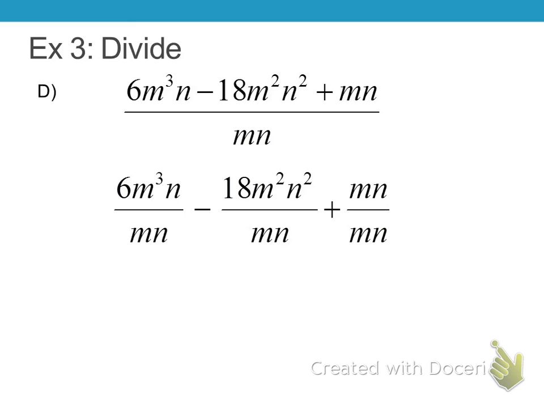All right, so what will my first term end up being? Good, 6m to the second minus 18mn. Then what?